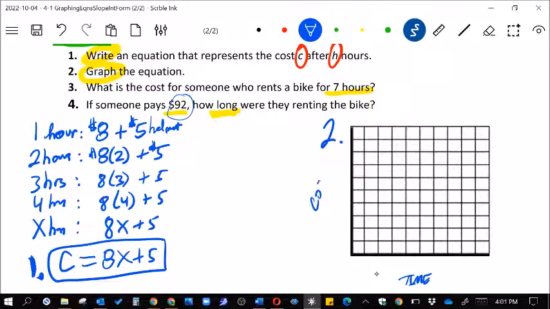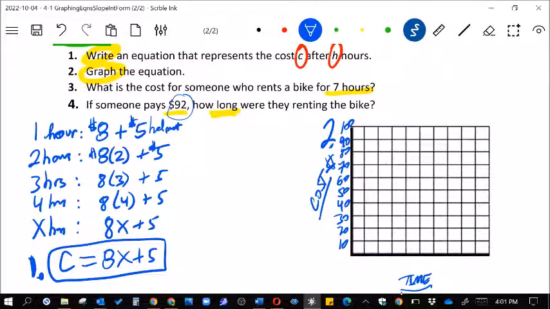We'll put cost on the y-axis and time on the x-axis. The cost is in dollars. Let's go by tens, 20, 30, because if you think about the problem, it makes more sense to go by tens than by any other number.